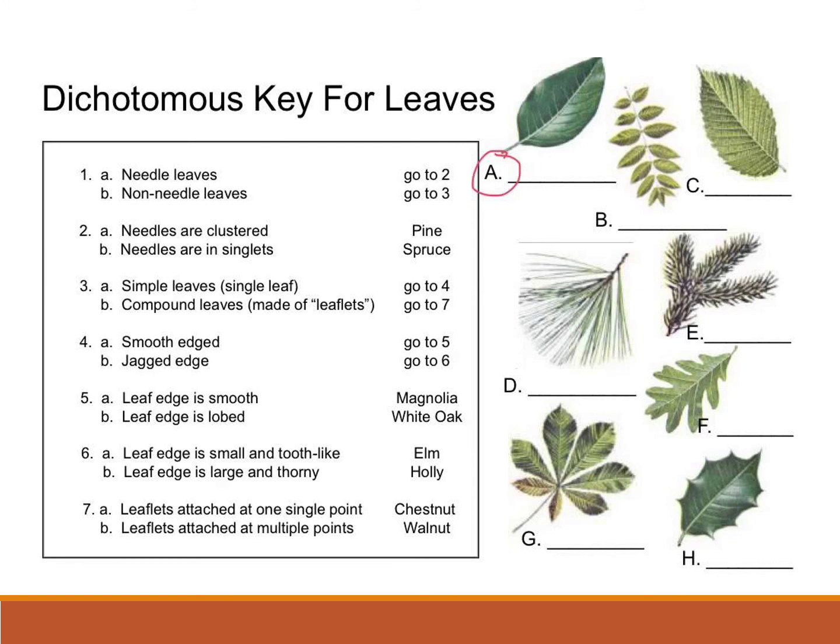Go to number 4. Does it have a smooth edge or a jagged edge? It has a smooth edge, so we'll go to number 5. Leaf edge smooth, leaf edge jagged. Okay, so we're now going, and we're going to have a look here, and it's smooth, and it is a magnolia.